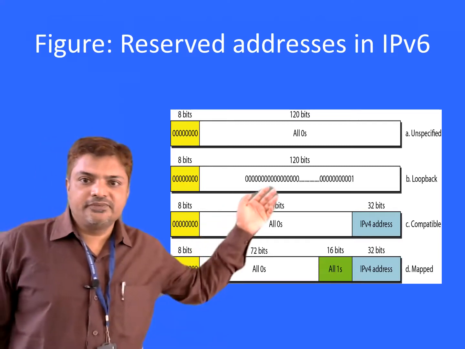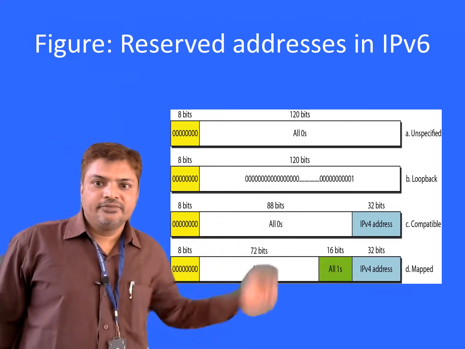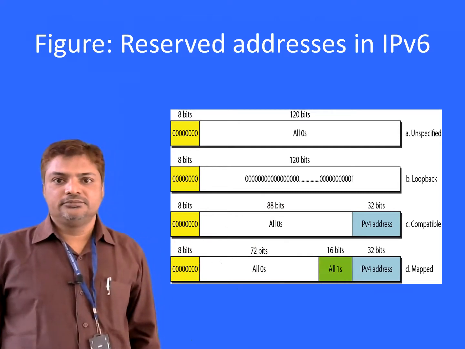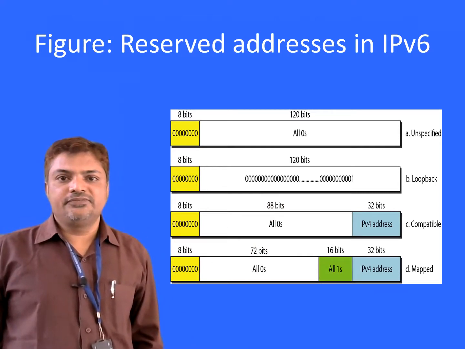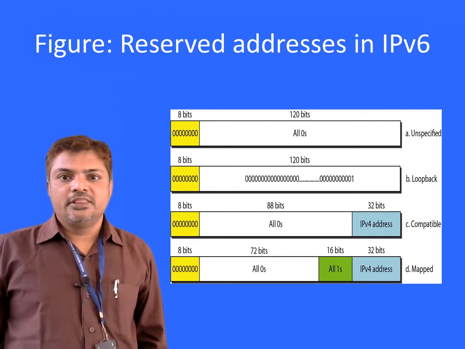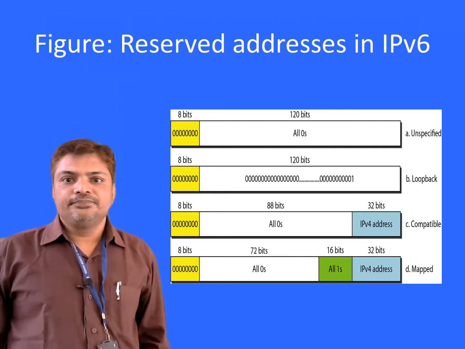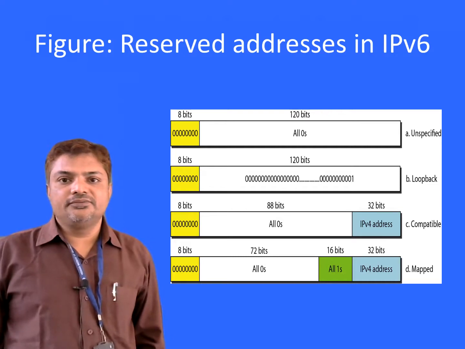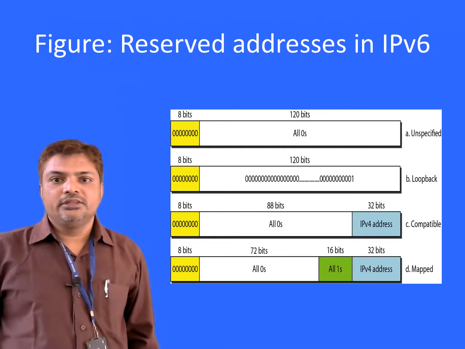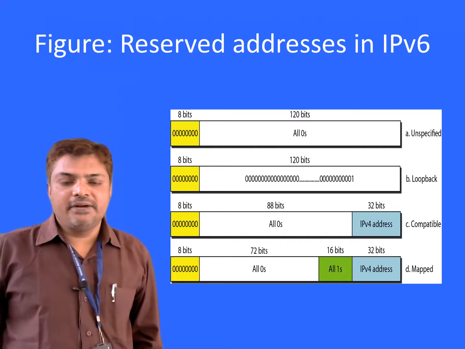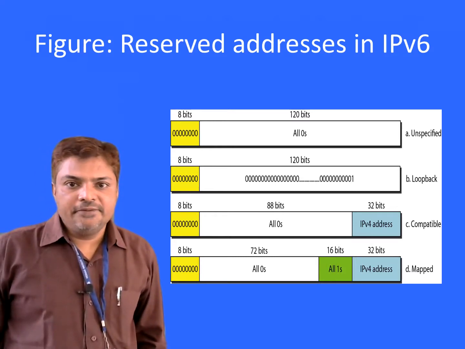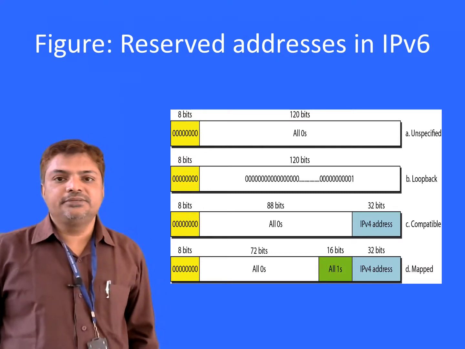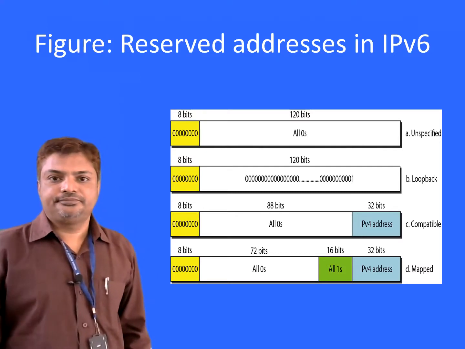We have unspecified, loopback, compatible, and mapped. Unspecified has 120 bits, all zeros. Loopback is all zeros except the last bit, which is 1. And we have the compatible, which is 88 bits all zeros followed by the IP version 4 address, which is 32 bits, and so on.